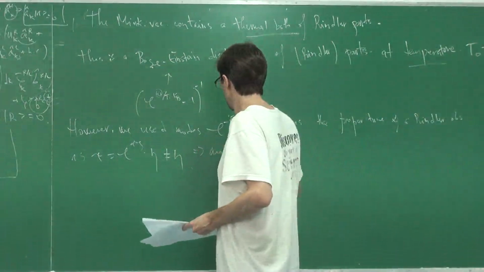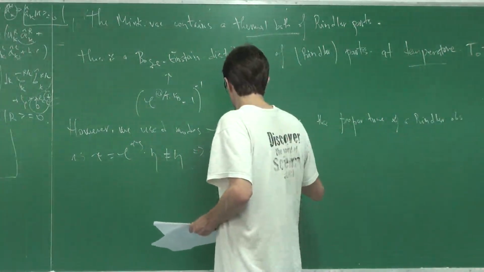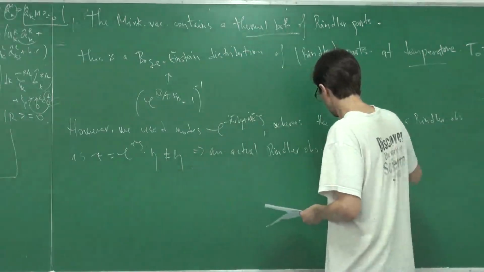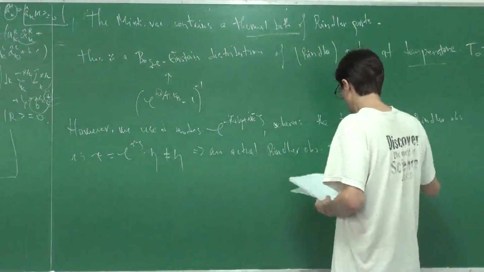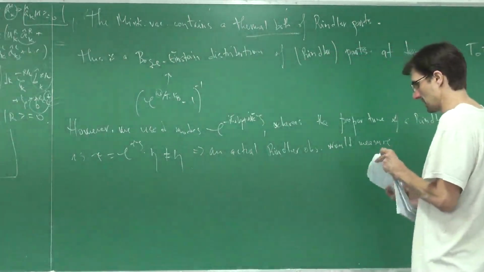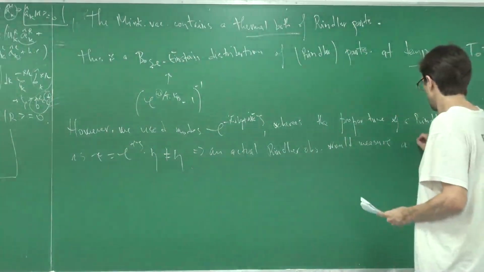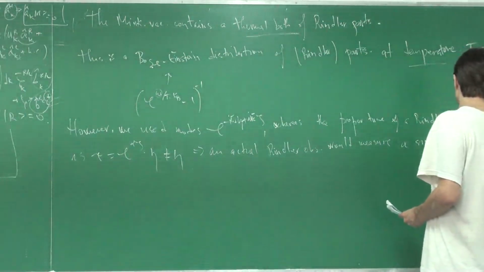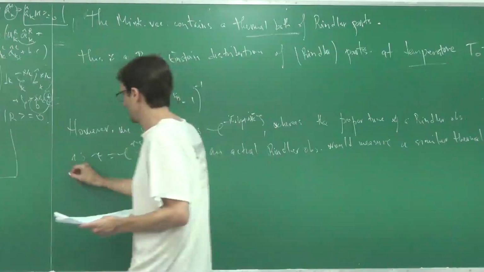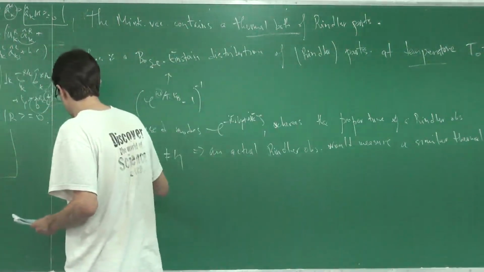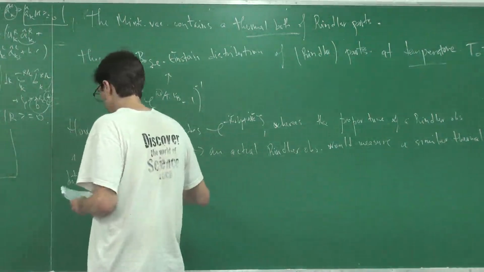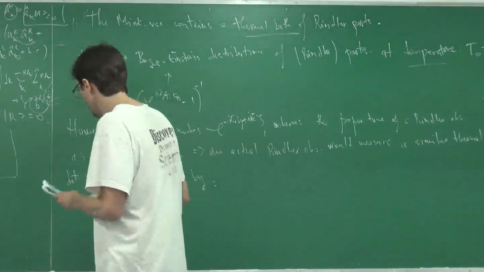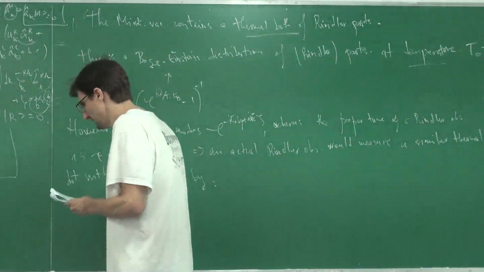I wrote this quickly because we've done this. So an actual Rindler observer would measure a similar thermal mass, but with a temperature given by the following. So we have omega bar eta.